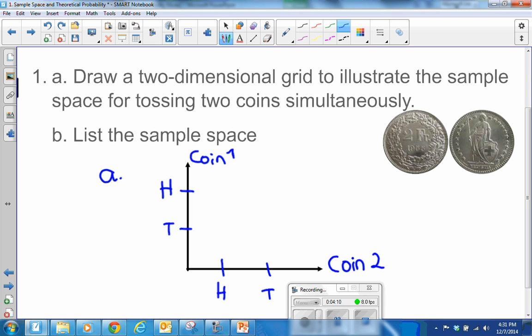To show the sample space in a two-dimensional grid, I need to put the dots that go with each outcome. So head and head, tail and head, head and tail, and tail and tail. And that's our two-dimensional grid.